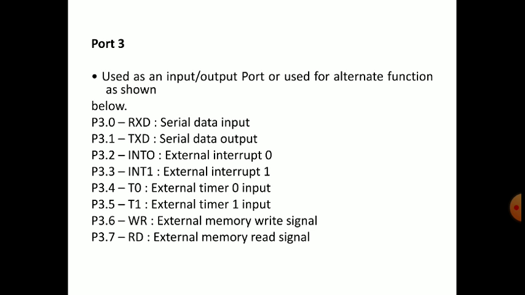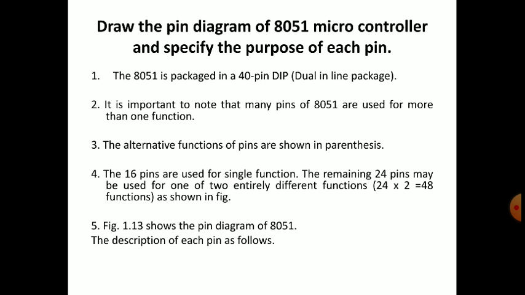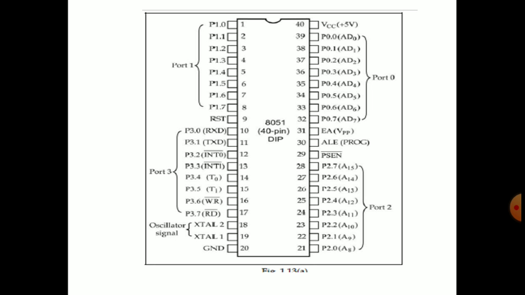These we have already seen, but today we learned about the pin diagram. Totally 40 pins. To the left side we have port 1 and port 3. You can remember left as odd numbers and right side even numbers: port 0 and port 2. And to the right side we have the multiplexed signals.